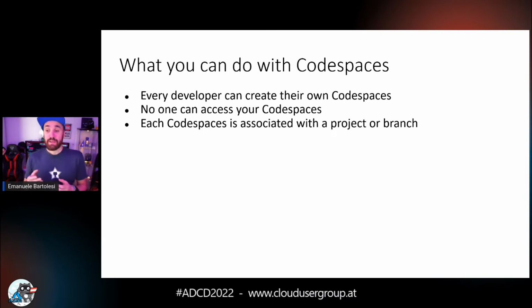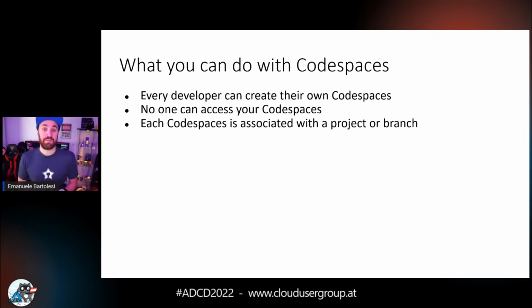With Codespaces, you can have different Codespaces configured with different Node versions installed. So you can switch in the same project, for example, between different branches, but with different settings behind you, like the Node version, the SharePoint Framework version, and stuff like that.